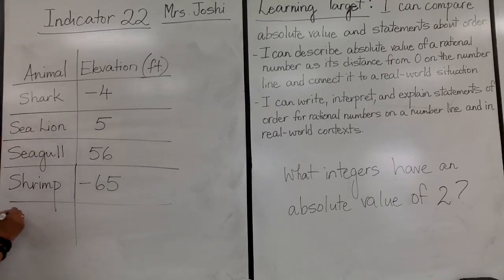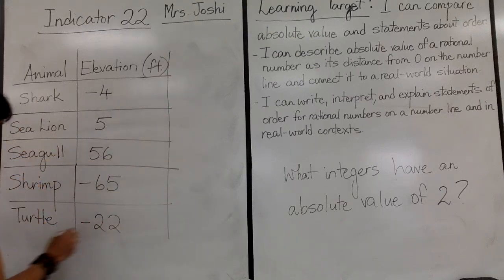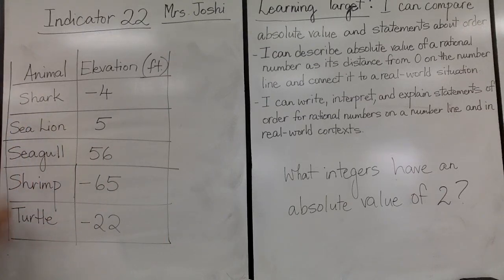Then we have the turtle, which is at negative 22 feet. All right, so let's say this is given to you. You have this table given to you, and then it's asking certain questions. This is a real world example.